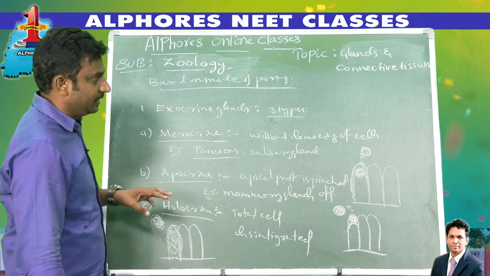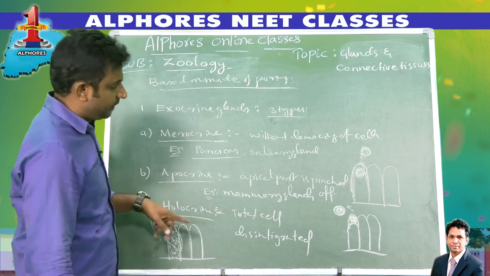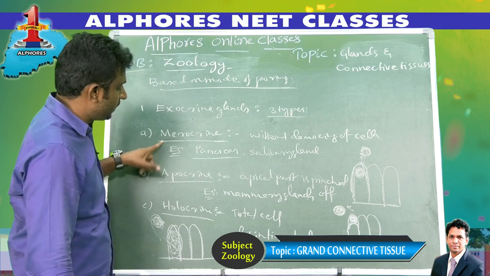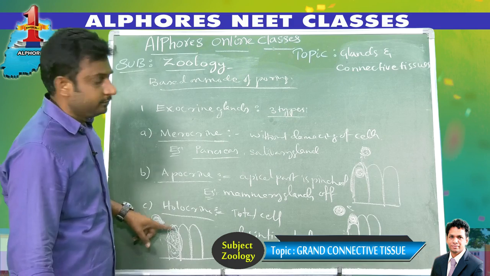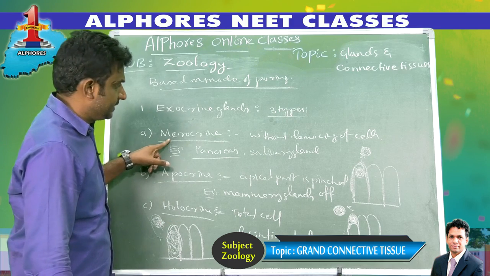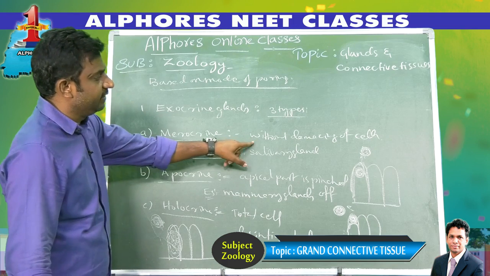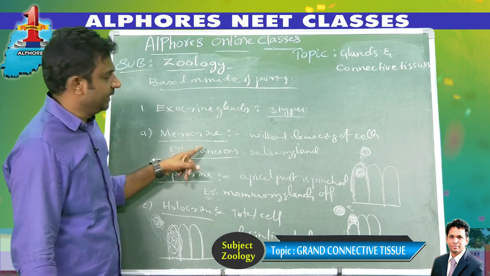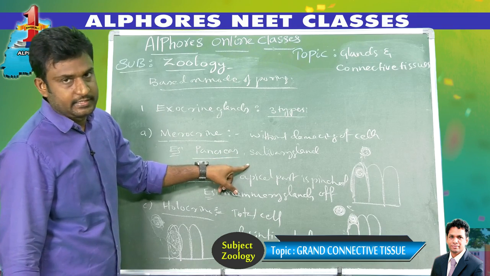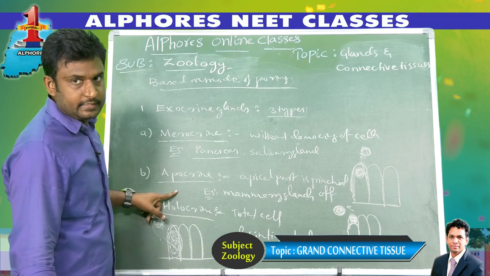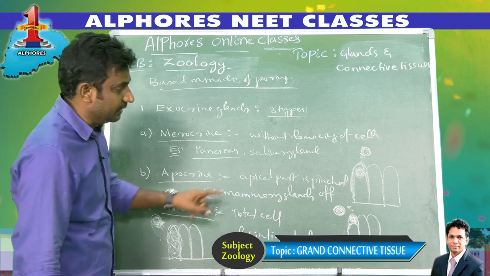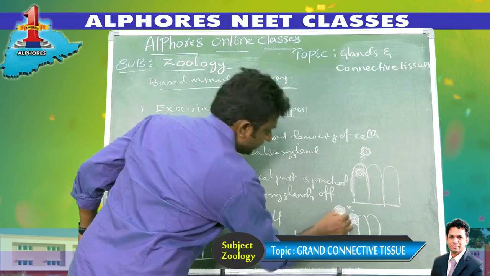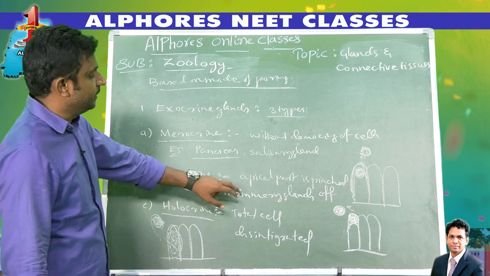So, based on the releasing of materials from the cells, exocrine glands are of three types: merocrine, apocrine and holocrine. Merocrine glands release the secretory materials without any damaging of cells. Examples: pancreas, salivary glands. Next, apocrine glands: the apical part of the cell is pinched off along with the secretory material.